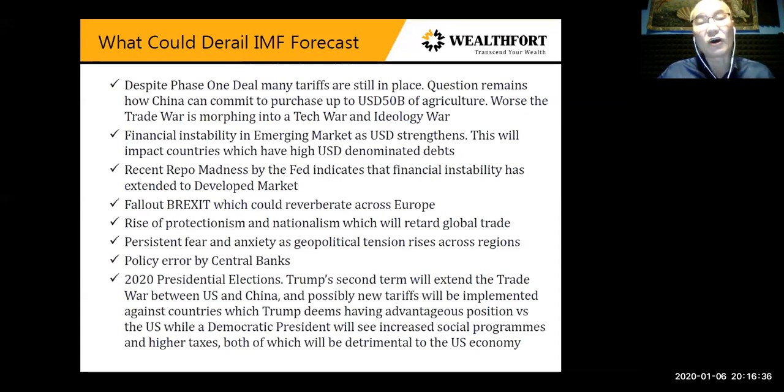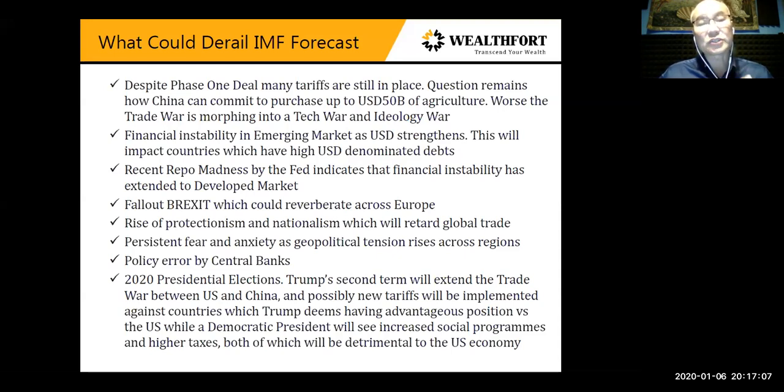So this is all central banks' policy error, because they want to secure the confidence in the market by pumping a lot of money into the market, but then it only enriches certain parts of society. So much so that the income gap, the wealth gap between the haves and the have-nots, has widened to one of the largest in history.